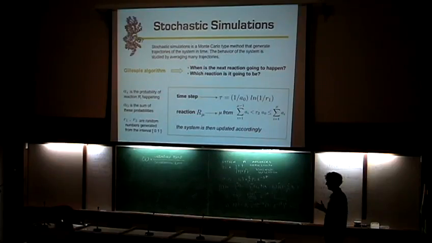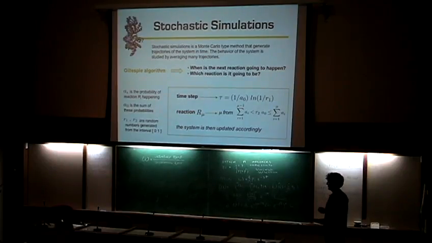If you know how many proteins you have and the binding state of your DNA at any given time, you know the probability of each one of the possible reactions in the system happening, right? You know the probability of another protein A or B being synthesized or degraded, or of a binding or unbinding event occurring, okay?